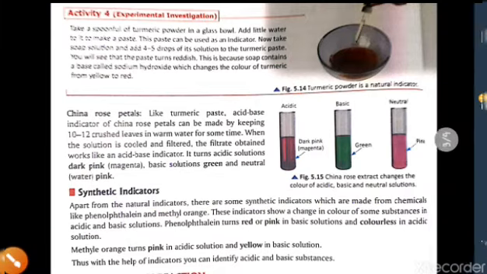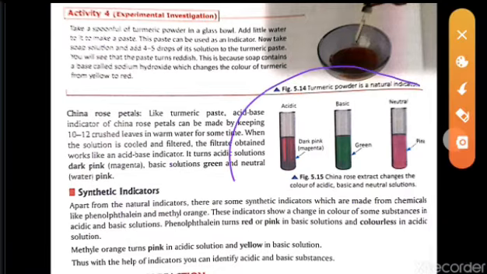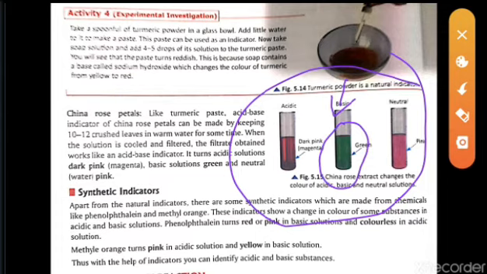Now here it is written about the China rose. The experiment is also given. If we make a paste of 5 to 6 China rose petals and make a liquid, then if a base is added, the paste will change into green. We can see here that it is changing into green. If the medium is basic, it will change into green.